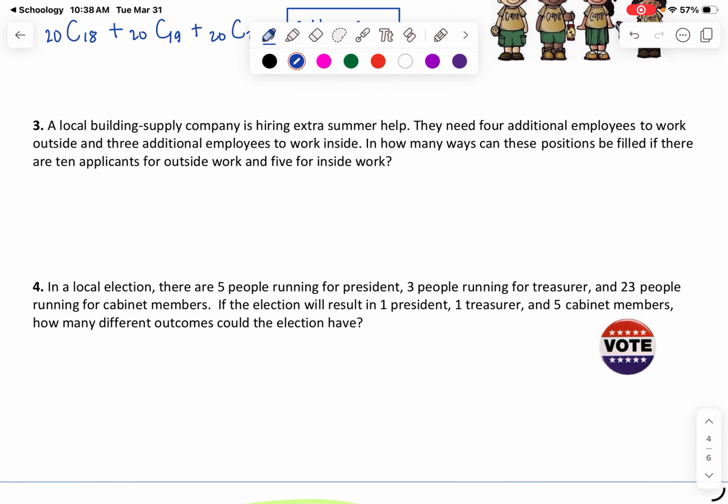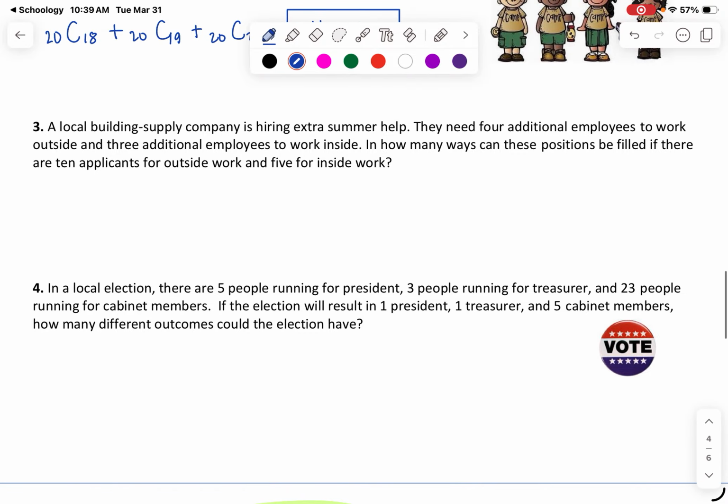All right. A local building supply company is hiring extra help this summer. They need 4 additional employees to work outside and 3 additional employees to work inside. How many ways can these positions be filled if there are 10 applicants for outside and 5 for inside? So we have 10 applicants for outside, right? 10 for outside, and we are choosing, they need 4, right?